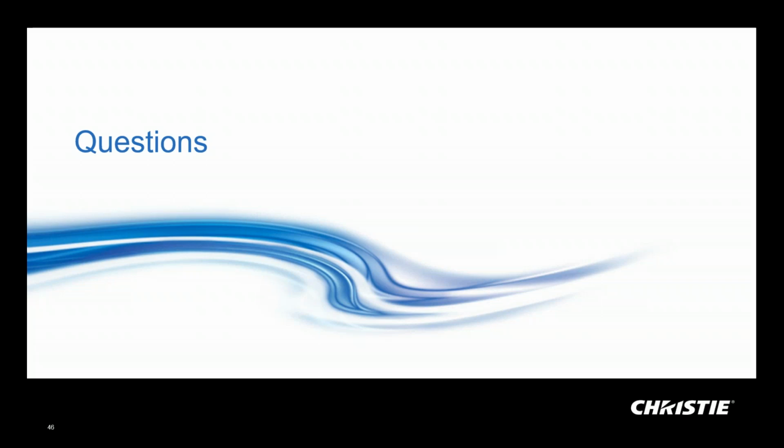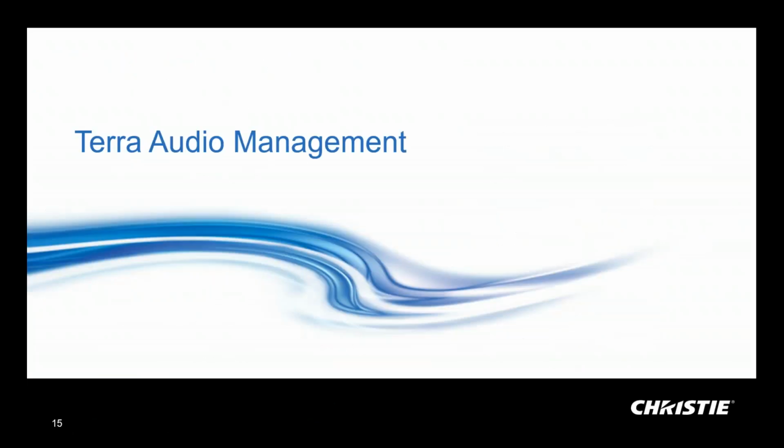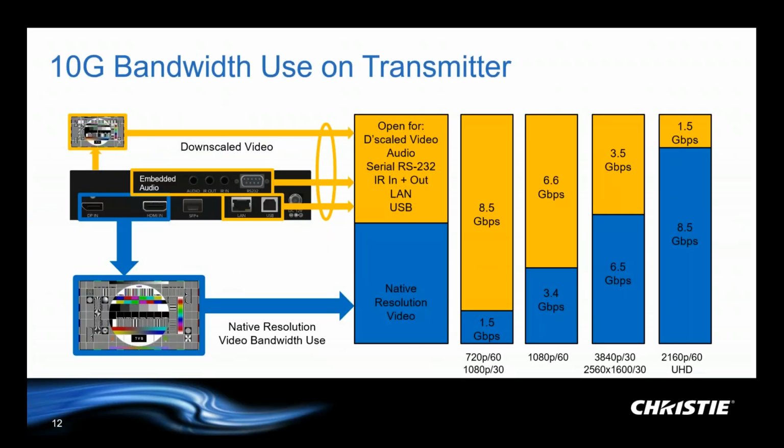Like I explained, and maybe we can go back to the slide. If there are a lot of questions, maybe we can go back to the slide that concerns multi-viewer. This is on the transmitter side.